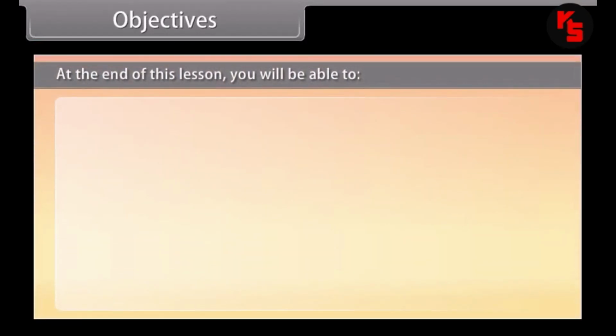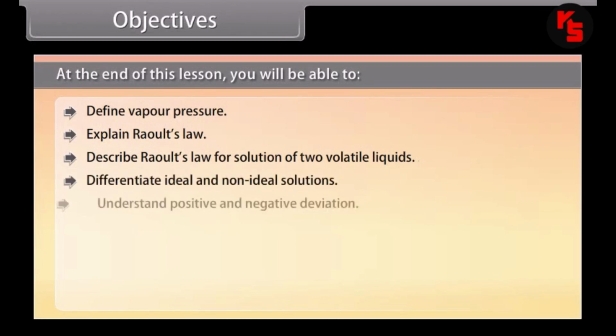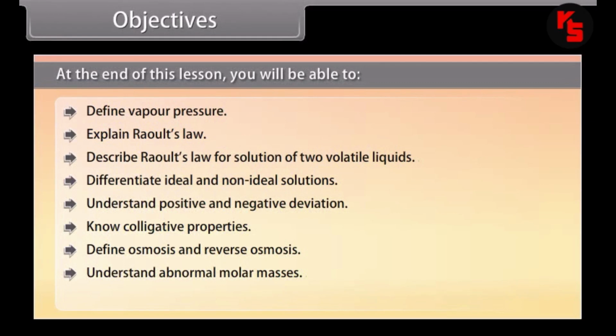At the end of this lesson, you will be able to define vapor pressure, explain Raoult's law, describe Raoult's law for solution of two volatile liquids, differentiate ideal and non-ideal solutions, understand positive and negative deviation, know colligative properties, define osmosis and reverse osmosis, understand abnormal molar masses, and calculate Van't Hoff's factor.